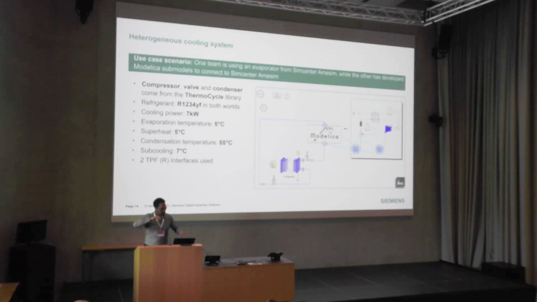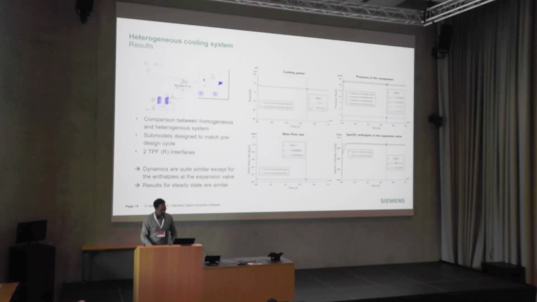So we separated the system by using the interfaces that we presented, and we add the new components from thermocycle. Here, the pre-design data that we use to design step by step all the equipment or all the systems that we bring from Modelica to have the same behavior as the original, fully Simcenter Amesim one. And after that, we get these results.